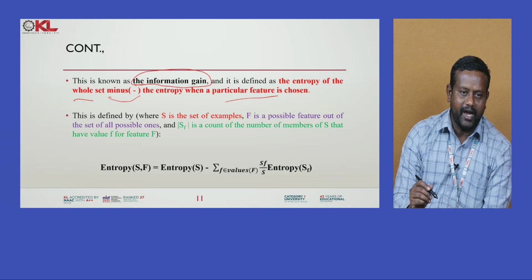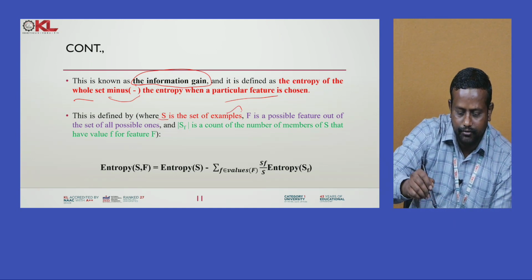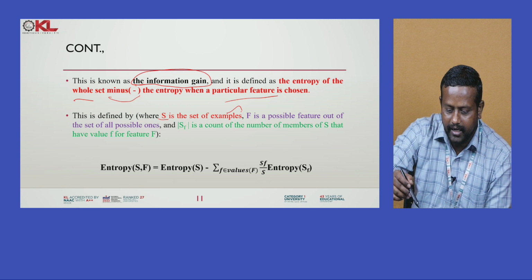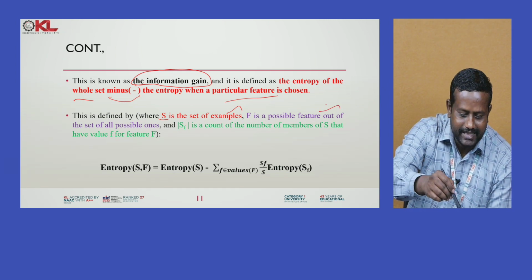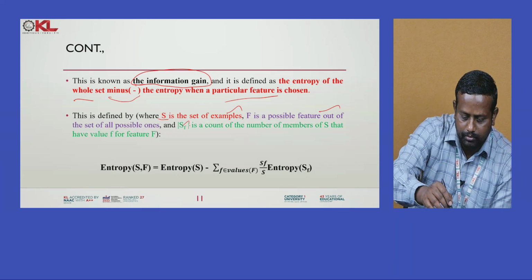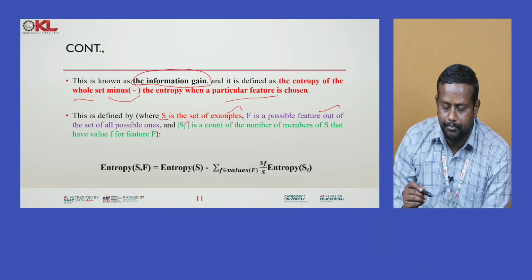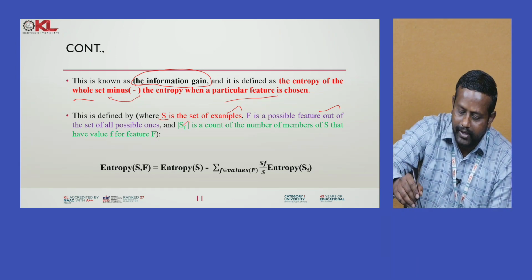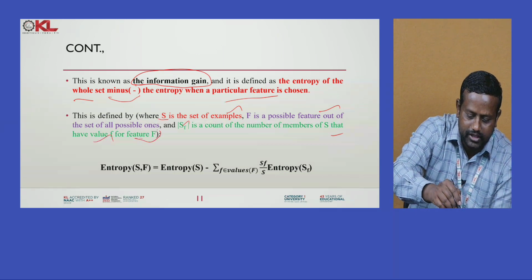This is defined where S is the set of examples and F is the possible feature out of the set of all possible ones, and this box SF is the count of the members of S that have the value F for the feature F.